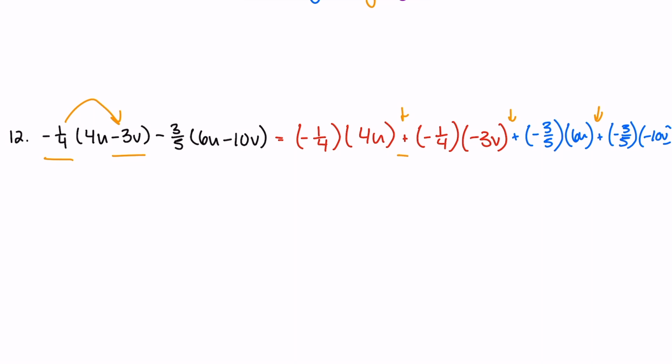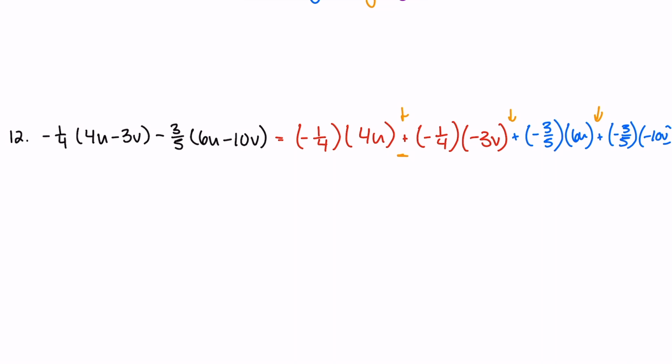So we separated it with this plus sign here. And then also this -3/5 being applied to the 6u needs to be separated as well with a plus sign. And it also needs to be separated from the -3/5 being applied to the -10v. So you need to separate this with plus signs. If you're still confused, just rewatch this question from the beginning.